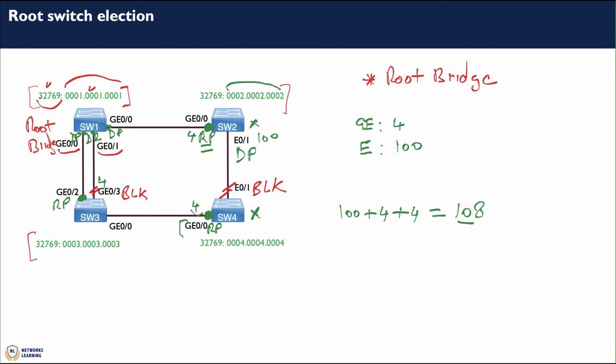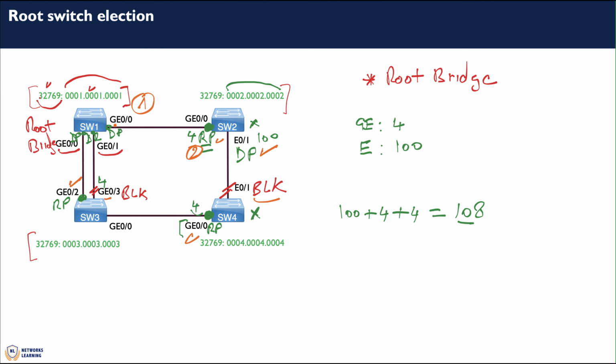So now if we look at our topology as a whole and review the spanning tree loop-free topology process: first, we elected a root bridge. Second, we picked our root ports. Then we assigned our designated ports, and then we started blocking ports. So what we end up with is a loop-free topology.